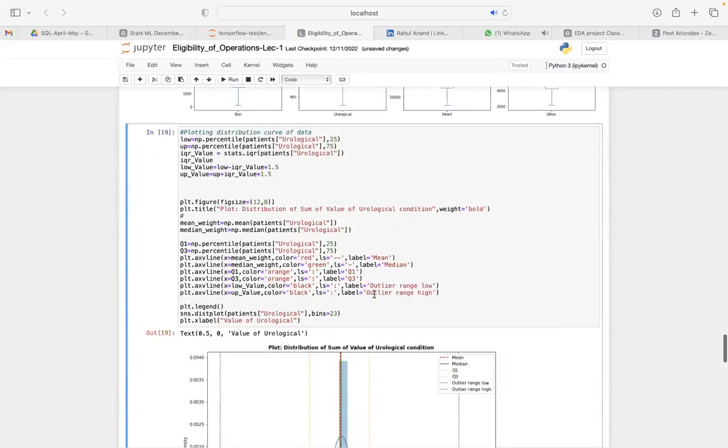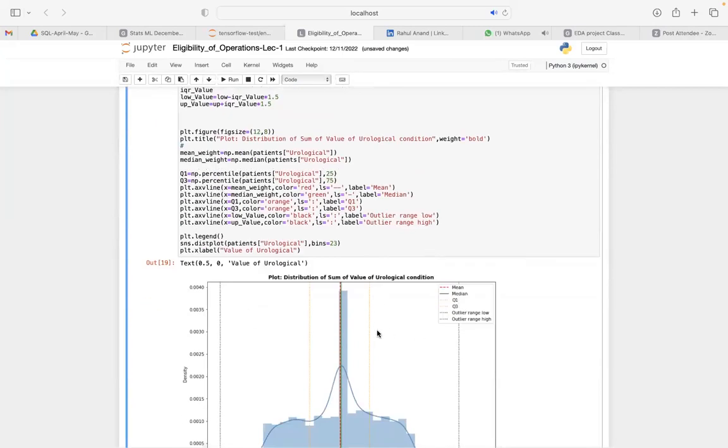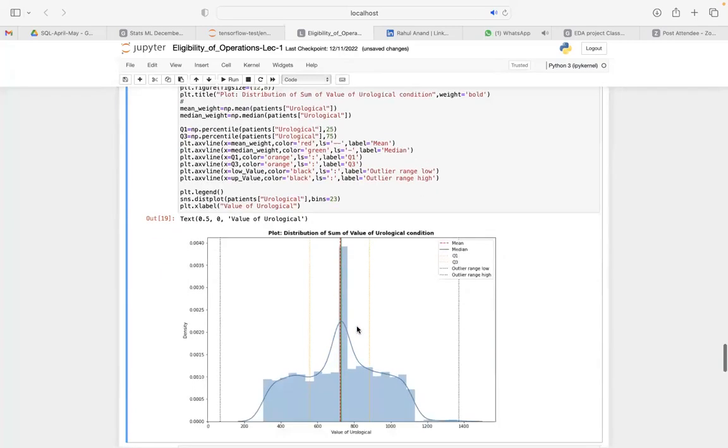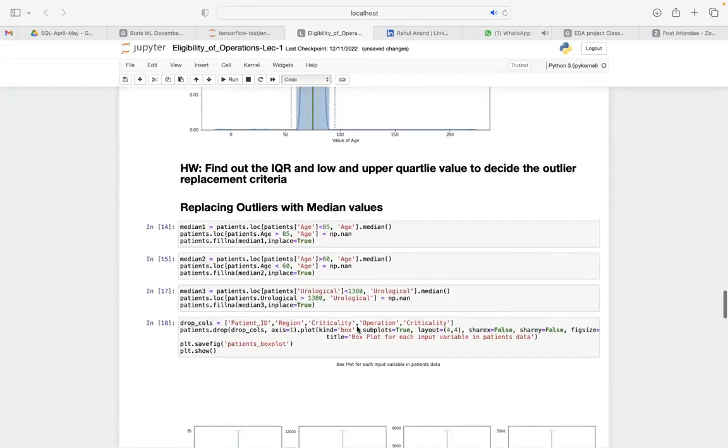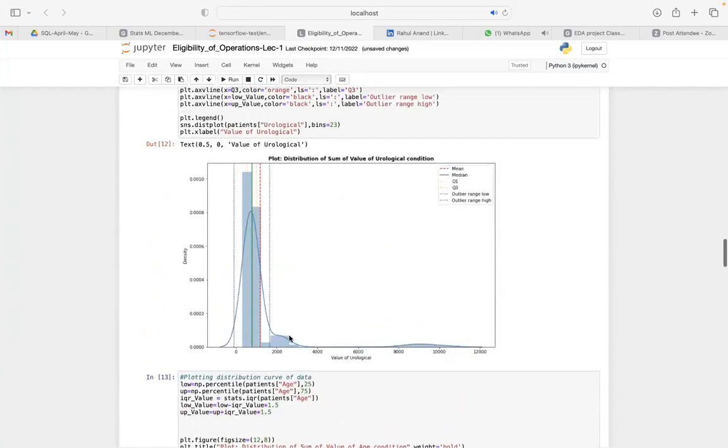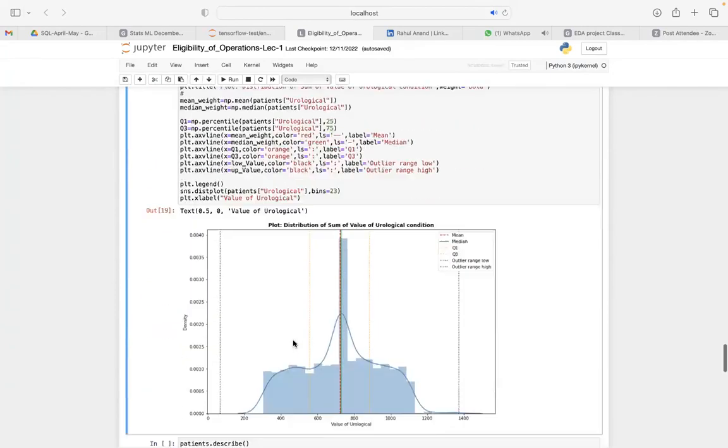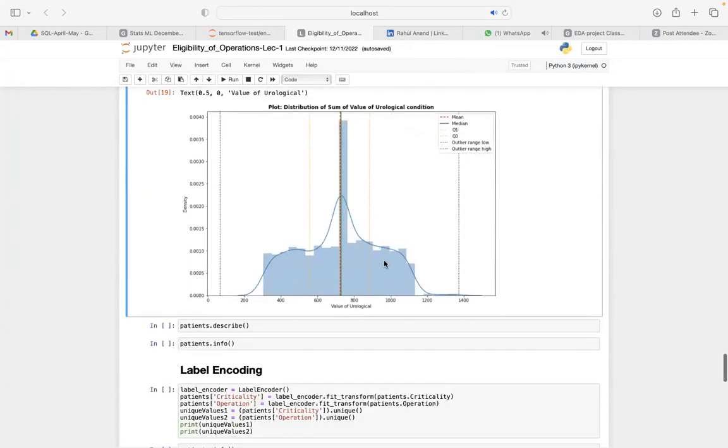Now, what exactly is happening here is the mean has shifted, and it is almost overlapping with the median. That means the skewness has reduced. But there's just one problem. When you compare this normal distribution curve with the previous one, you can see that a lot of data which was contributing to the right skewed value of the curve has now come into the very central part of the data.